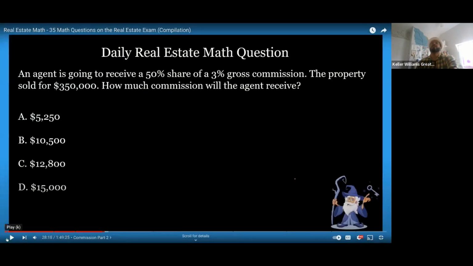All right, an agent is going to receive a 50% share of a 3% gross commission. The property sold for $350,000. How much commission will the agent receive? Now, this is a common equation for calculating referrals.